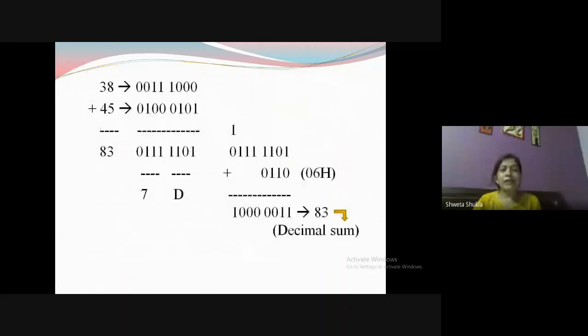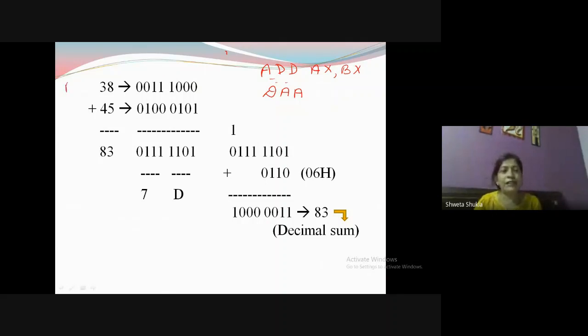Let us suppose you have an instruction like ADD AX, BX, okay, like this, and at the end, after some more points, it is written DAA. So in this case, what you have to do, you have to add the content of BX to AX.